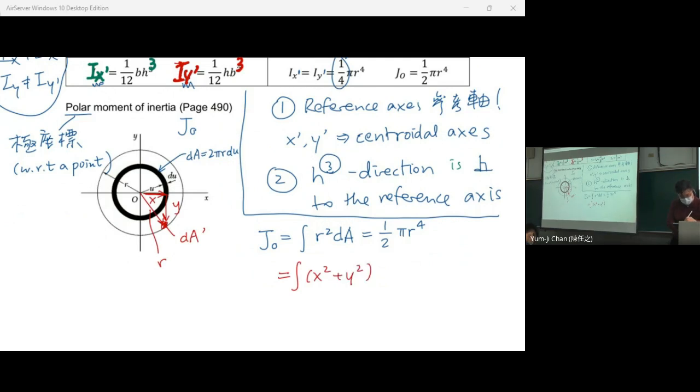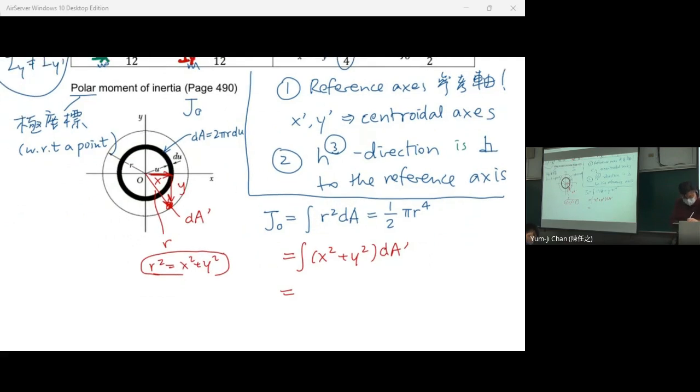We know r squared is equal to x squared plus y squared. So the integral of r squared dA prime is x squared dA prime plus y squared dA prime, which is equal to Iy plus Ix. This is equation 9.4, page 489.